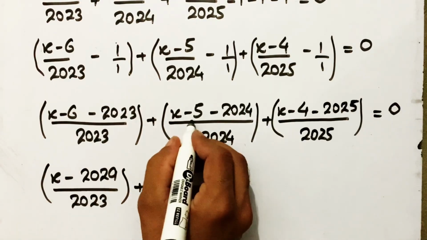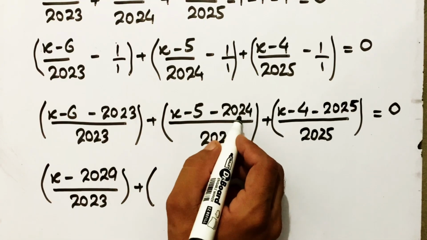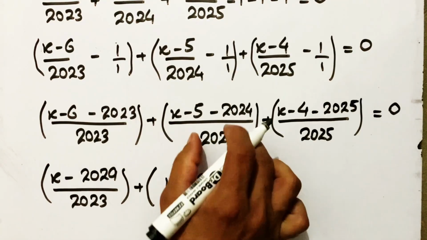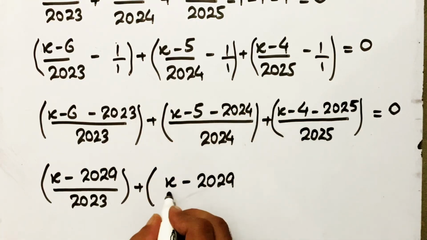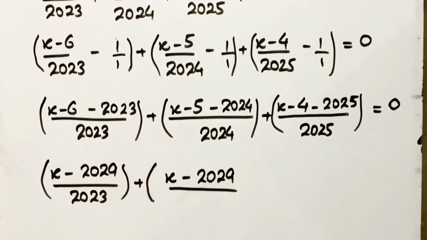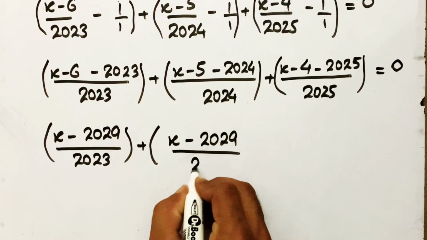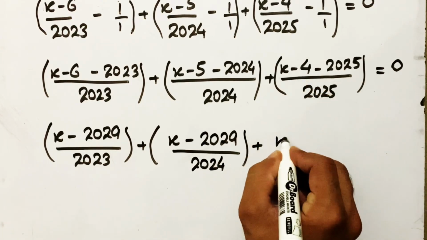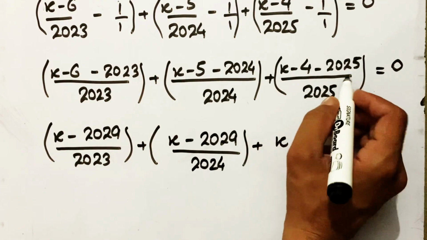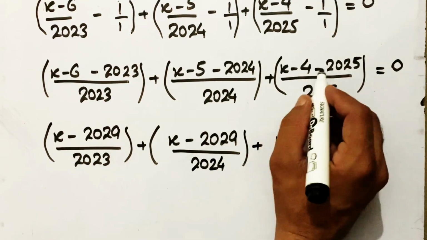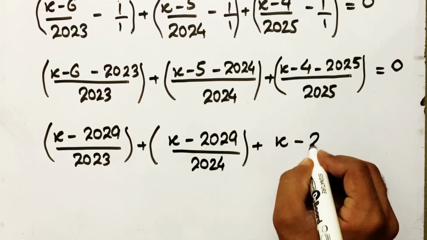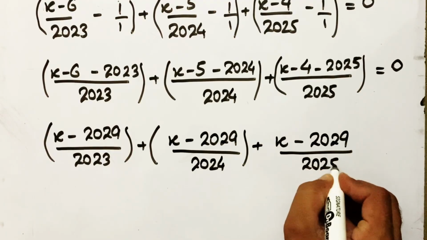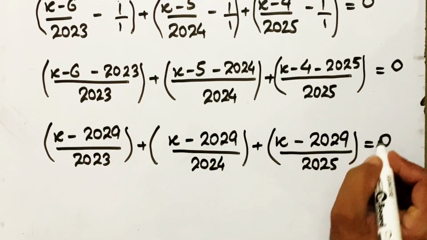For the second, 2024 plus 5 becomes 2029, so it is (x minus 2029) divided by 2024. For the third, 2025 plus 4 is 2029, so it is (x minus 2029) divided by 2025, that is equal to 0.